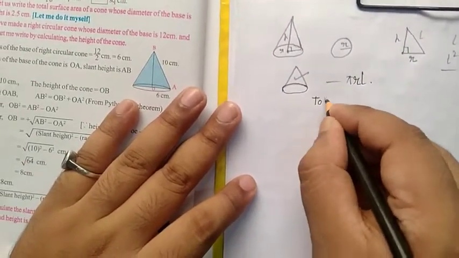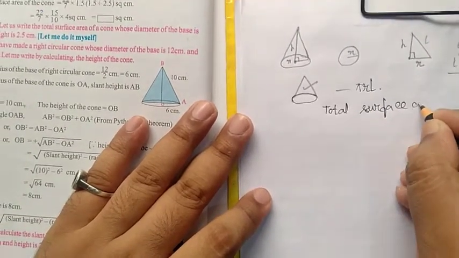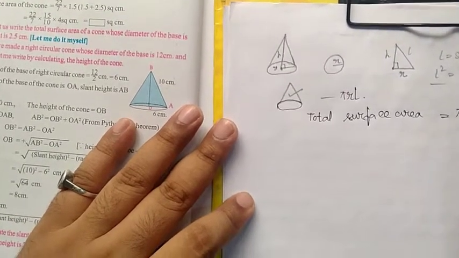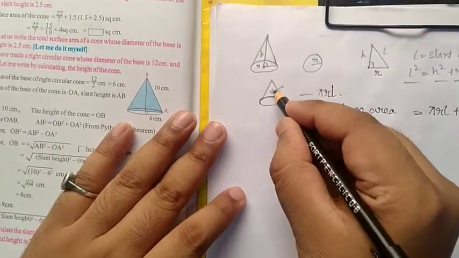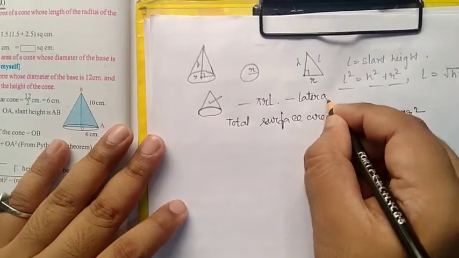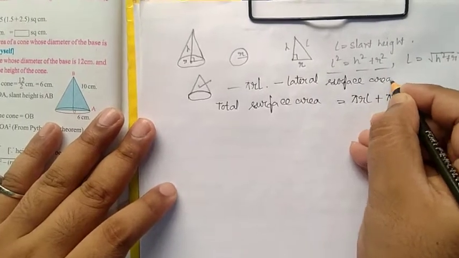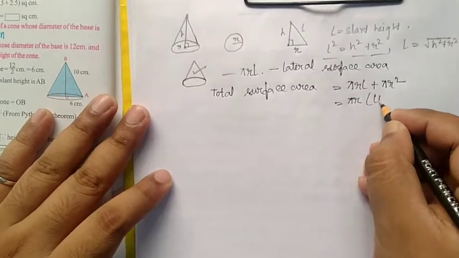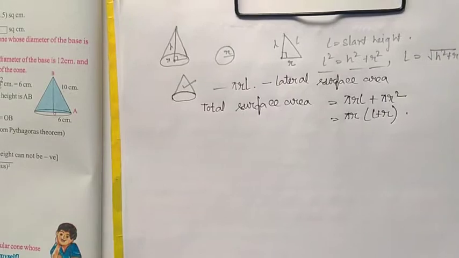So total surface area equal to pi r L plus pi r square. Area of this is pi r square and this is pi r L, which is the lateral surface area. If we take common pi and r, this should be L plus r or r plus L. So total surface area is pi r times r plus L.